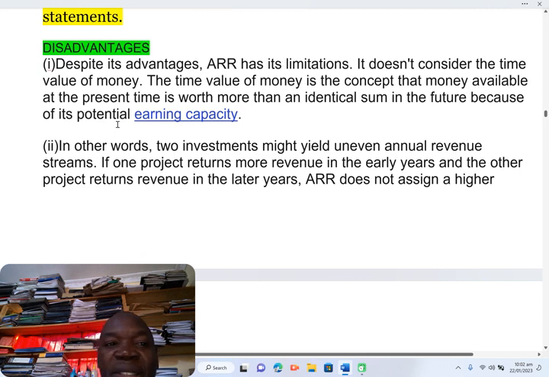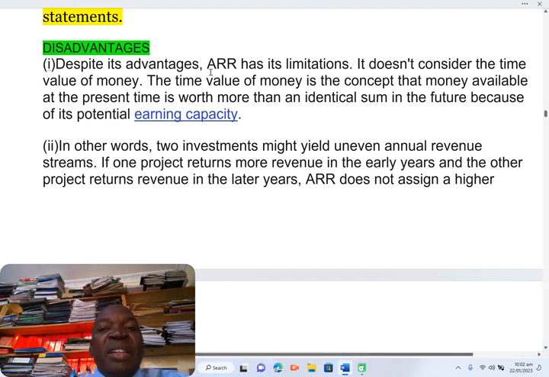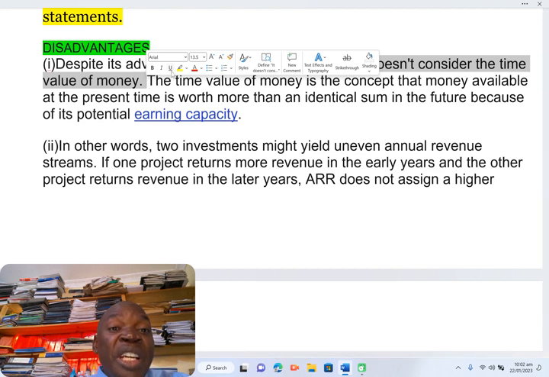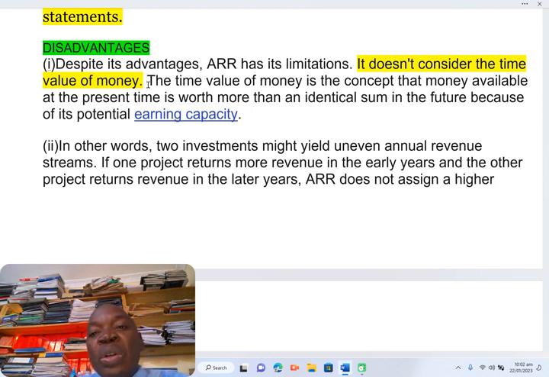Disadvantages. Actually, in actual sense, this method does not accommodate the time value for money. When it comes to practice, you can see the economic factor of the time value for money, because 1 million today is not 1 million tomorrow.